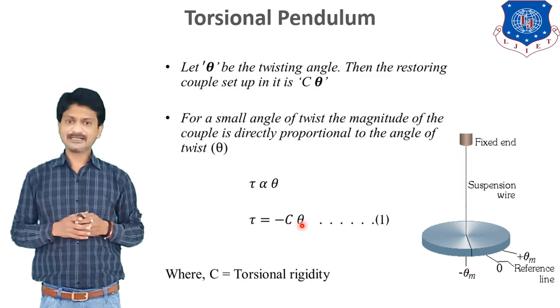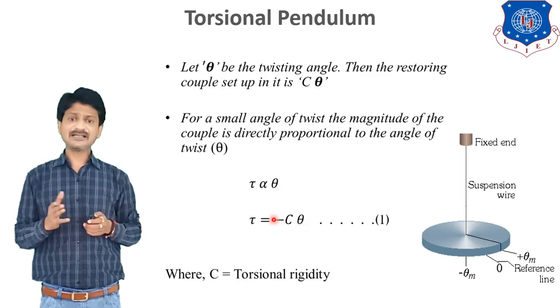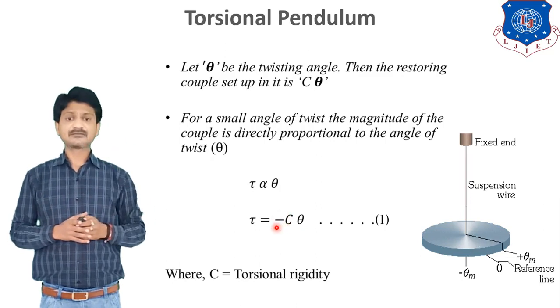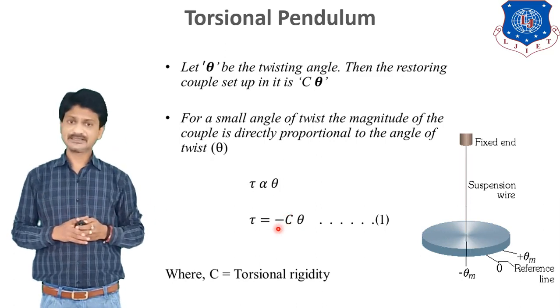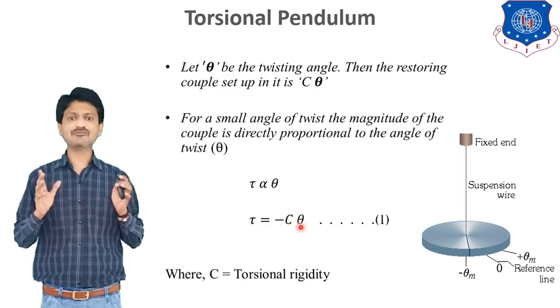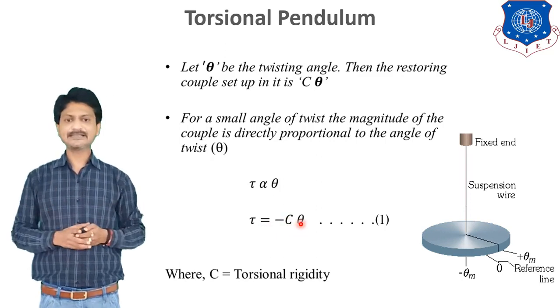Now we know that it is always in opposition to the angle of twist. That's why there is a minus sign in the equation tau equals minus C theta.